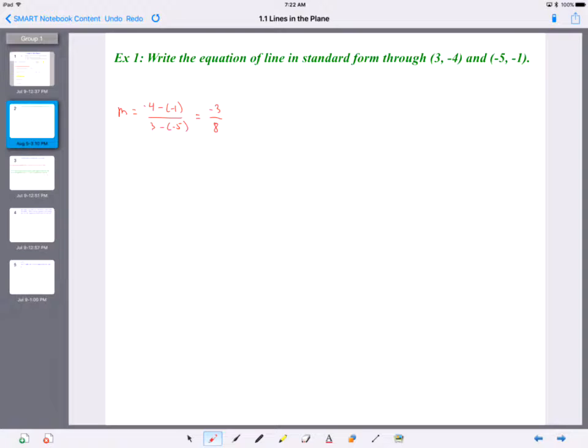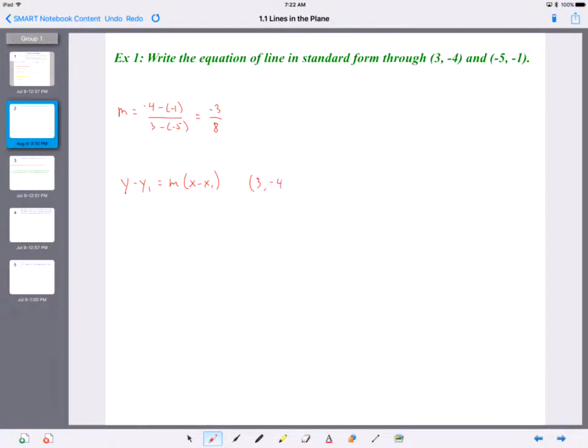Well, we know the slope and 2 points. So if we have the slope and 2 points, we can use point slope form. So really it's using the slope formula again, just written in this form, but instead of plugging in the x and y values, both of them, now we know the slope. So we're going to plug in a point, pick any point you want.